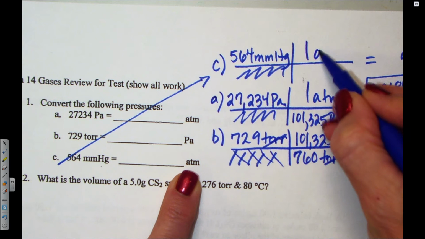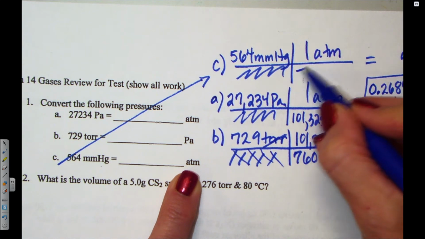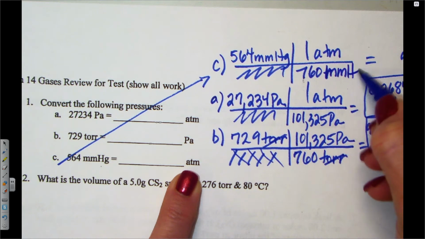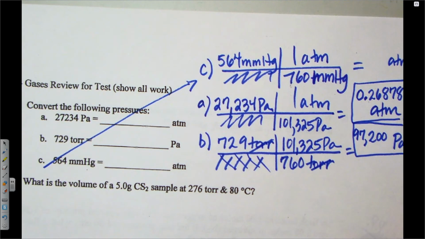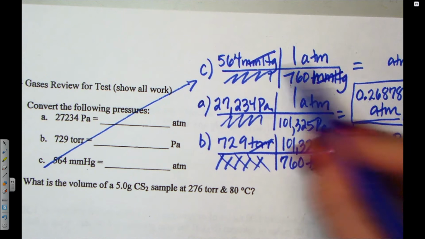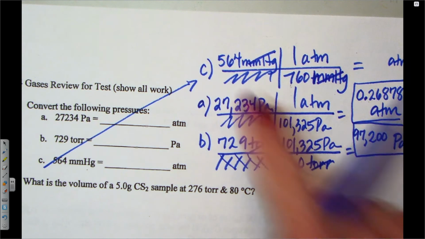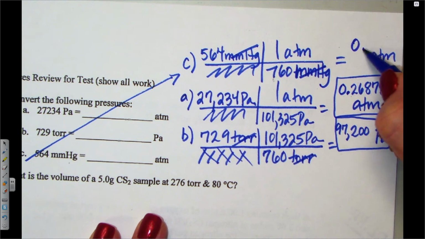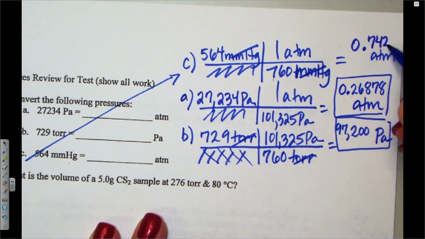We know that 1 atmosphere is equal to 760 millimeters of mercury. So now our mmHg are dividing out. So we're going to divide by 760, rounding your answer to 3 sig figs. You should have gotten 0.742 atmospheres. So those are your pressure conversion practice problems.